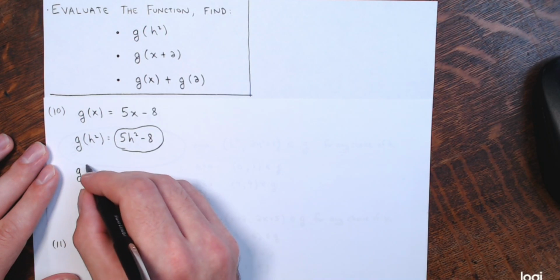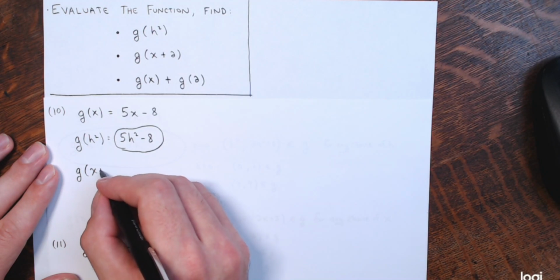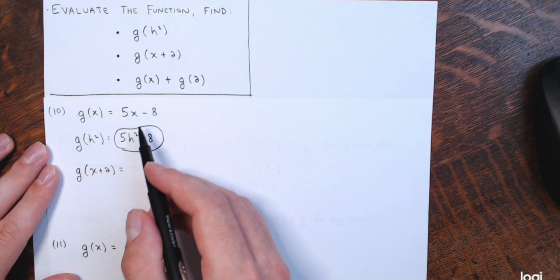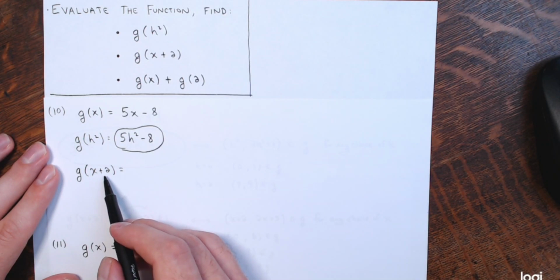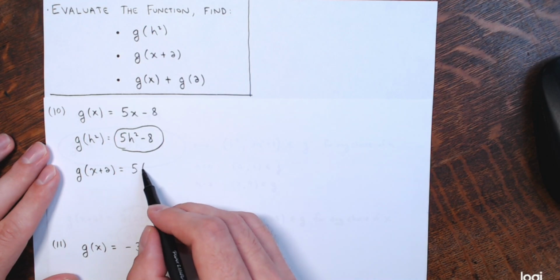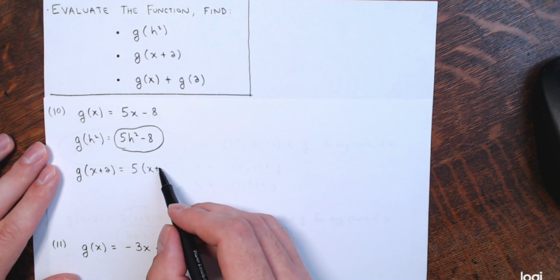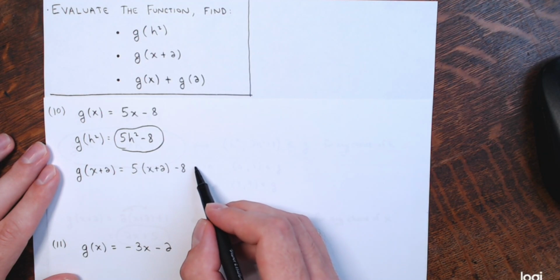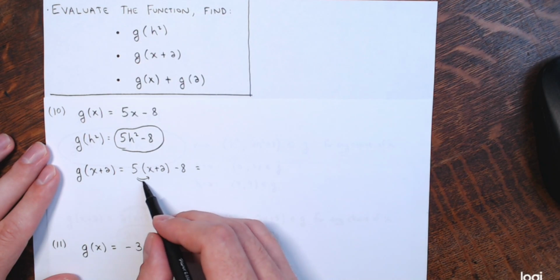Then g of this x plus 2 input. And just replace x, wherever you see it, with the quantity x plus 2. So instead of 5 times x, we have 5 times the quantity x plus 2. And then minus 8. And you distribute the 5 and combine like terms.